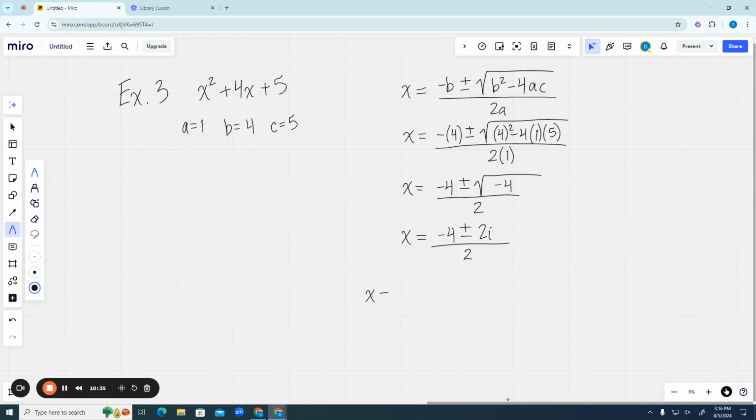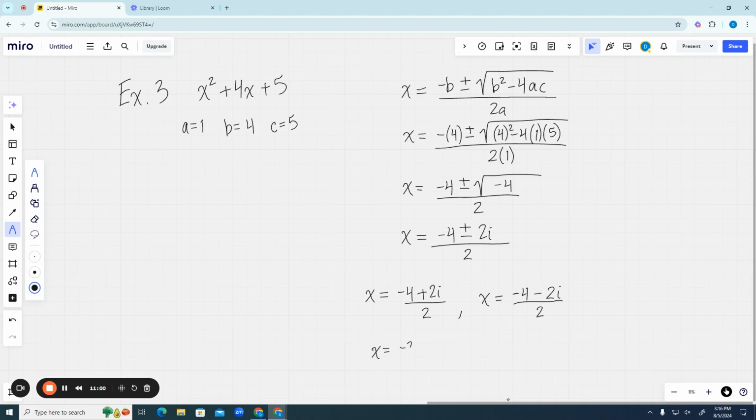So I need to still separate my answers like I did for the other problems. So I'm going to have this, and I'll have this one. Now all of my numbers have a common factor of 2, so they will simplify by 2.